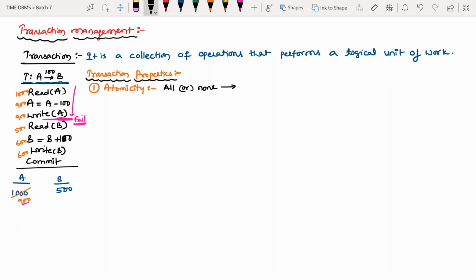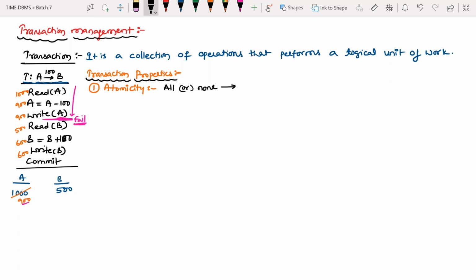Then you may ask me a question: who is responsible for ensuring this atomicity property? There is no person involved. The system should take care. To ensure correctness, the transaction has to complete all the operations or no operations.